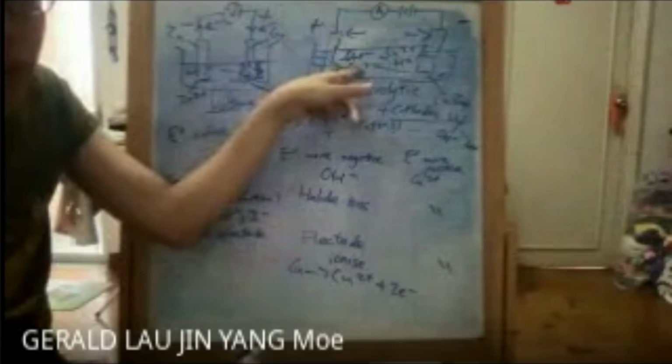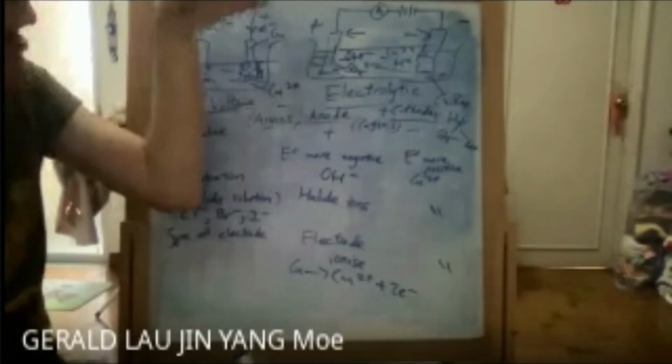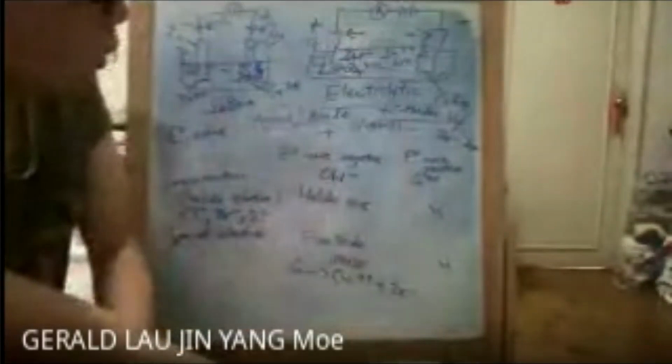Then they will ask what is the observation, or ask you to write the half equation.